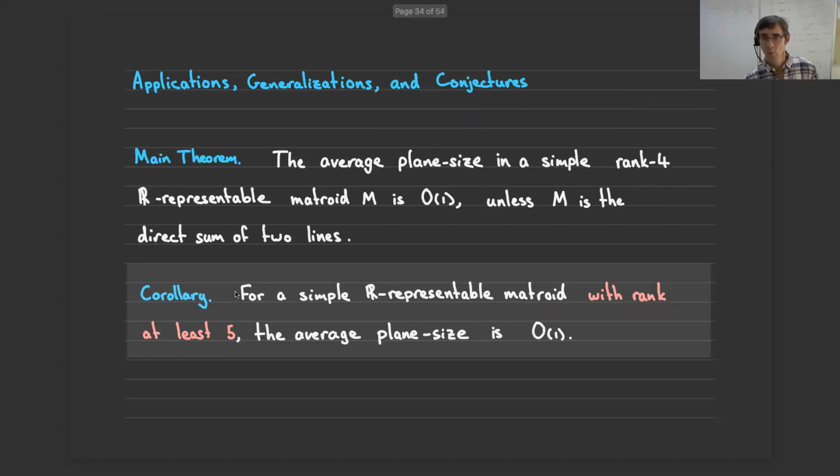Okay, so what I want to talk about in the rest of the talk is various extensions of this, things you can get from it, and ways you can generalize it.